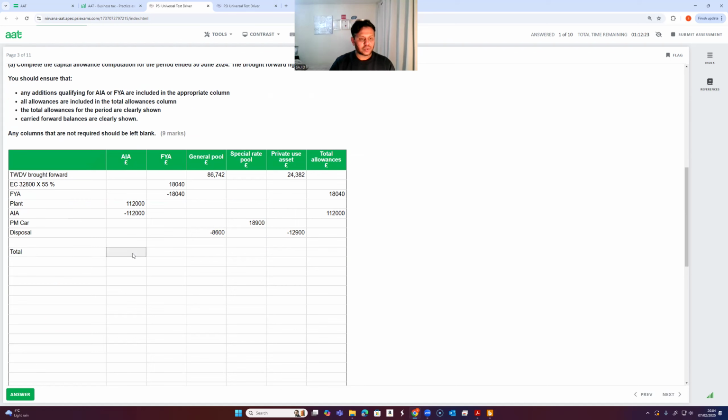So on the total, this one will be 0. This one will be 0. General pool 86,742 minus 8,600. That gives me 78,142. If there is a pence, remember to round it up if it is more than 0.5.